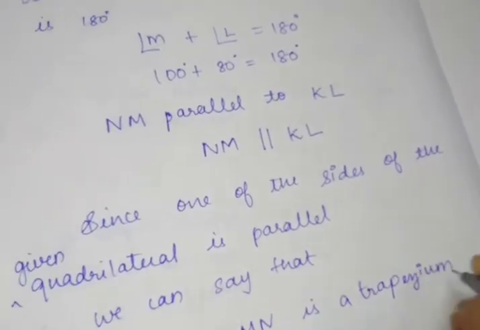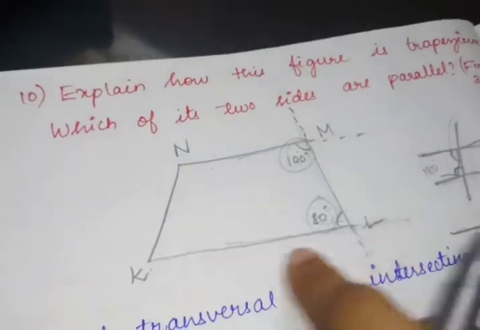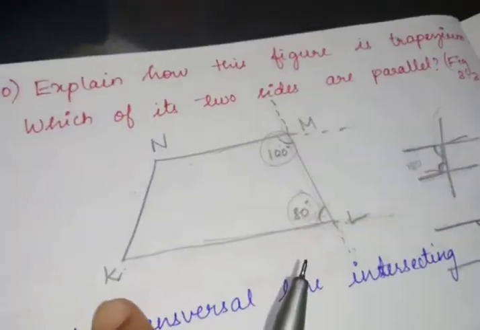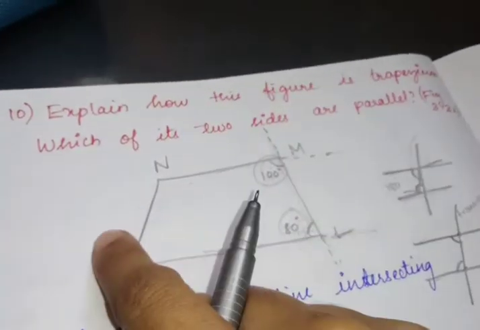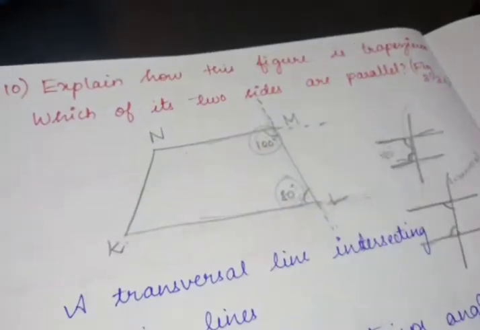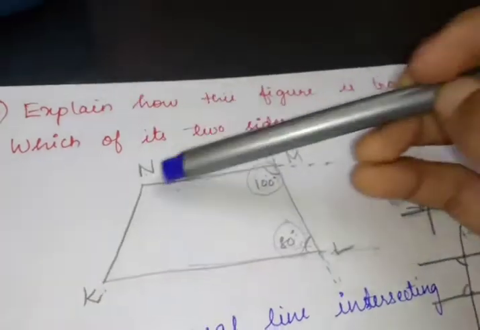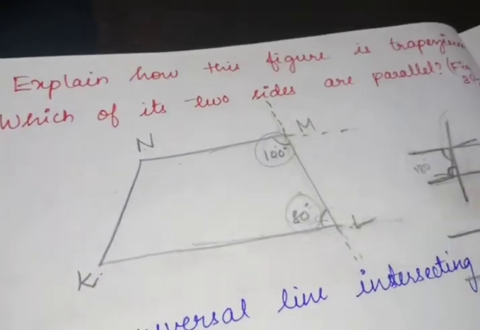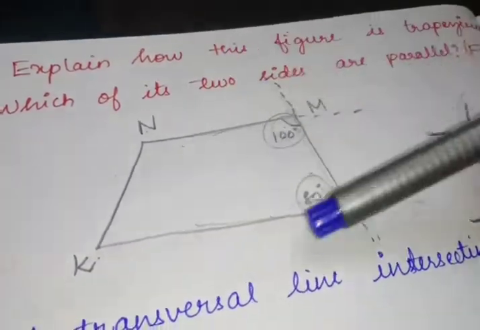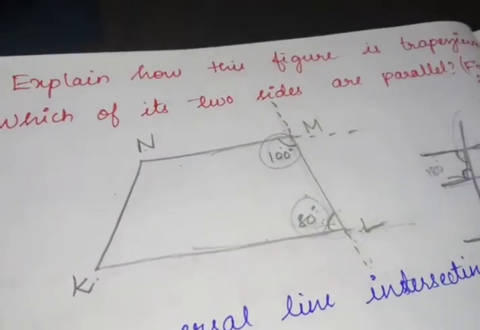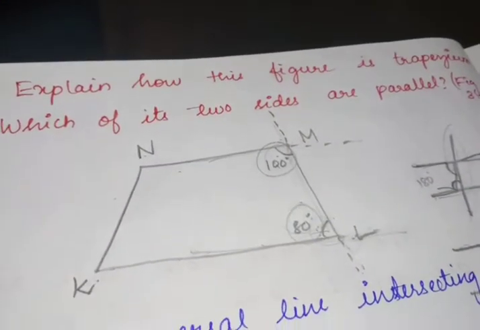At least they are saying that this side and this side are parallel, right? So the given figure is a trapezium. Have you proved that? Yes, we have proved that these two are parallel by using the transversal properties, and so the given figure is a trapezium. Okay, understood?